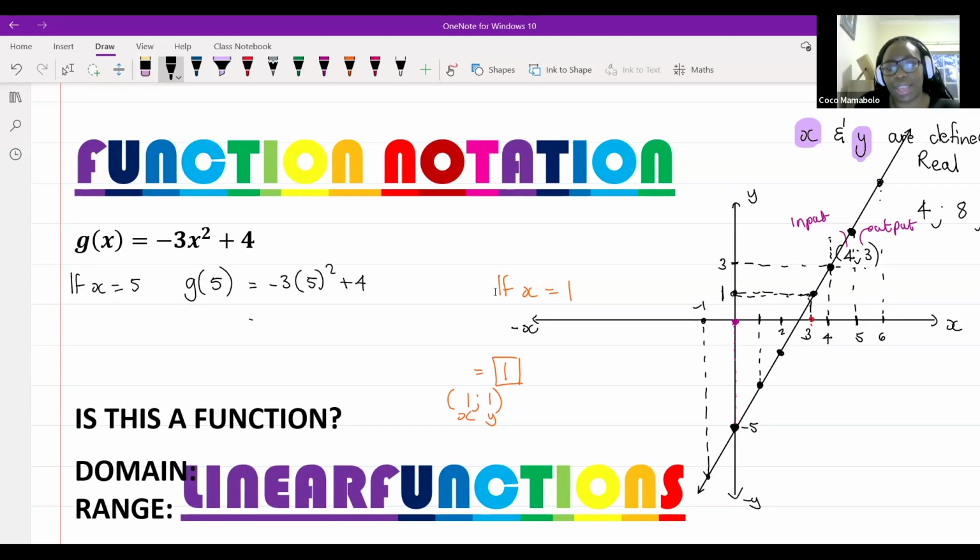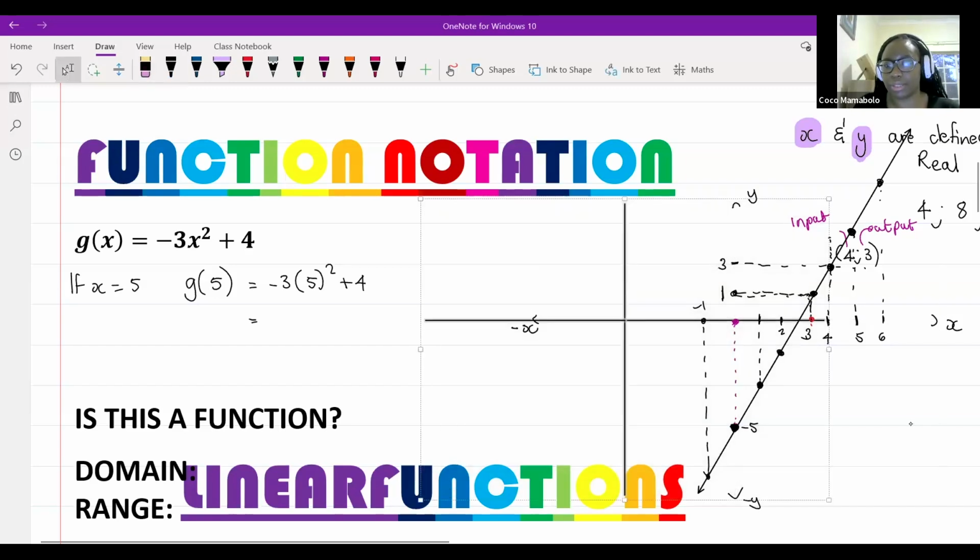Let's find that answer. Does anyone have an answer for me? It's a very big number. Thank you, Sia. It's going to give us a really huge number. Okay, so it should give us -75 plus 4. We should be looking at something like -71.